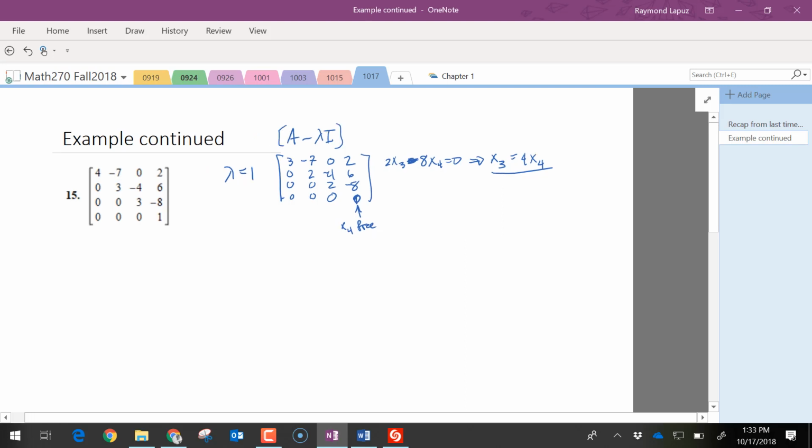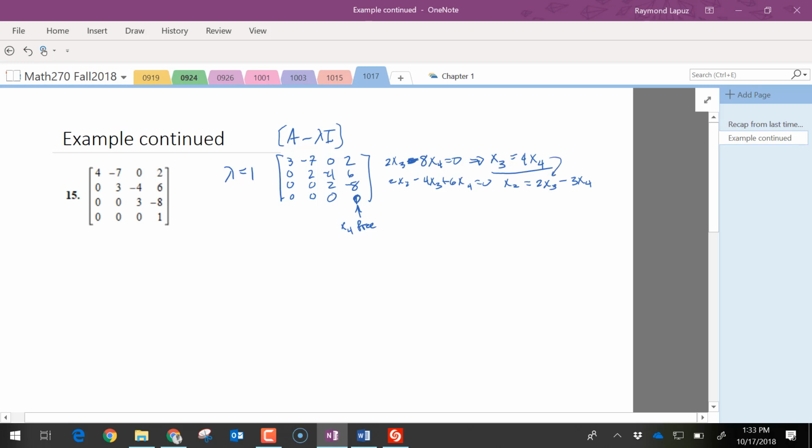And then the next one, we have 2x2 minus 4x3 plus 6x4 equals 0. So x2 is equal to, bring the x3 over and divide by 2, 2x3 minus 3x4.